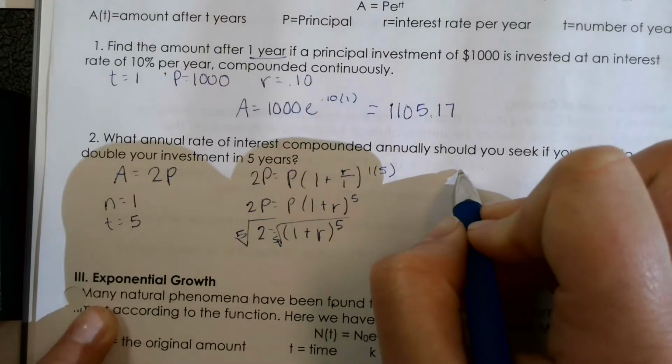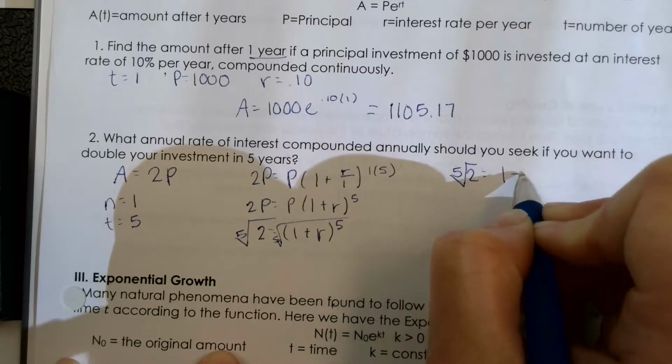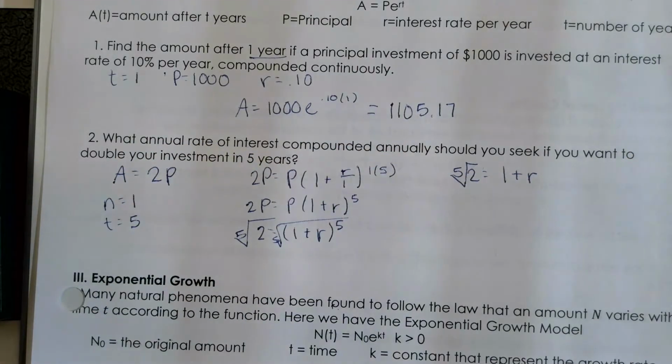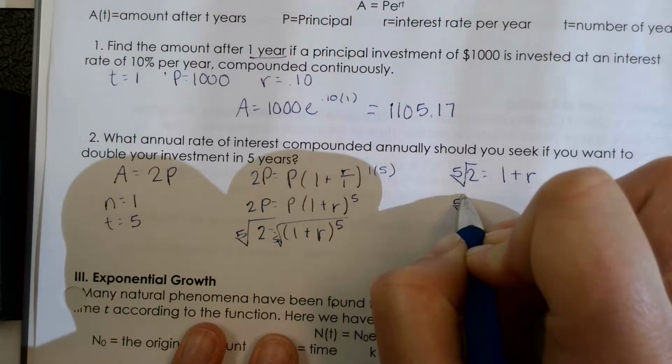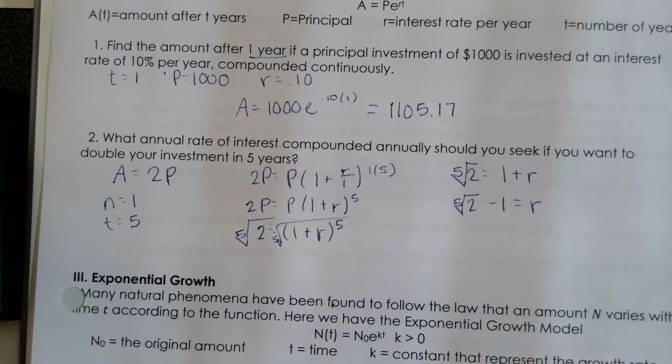So I'm going to come up here, kind of run out of room. We're going to have the 5th root of 2 equals 1 plus R. So the 5th root of 2 minus 1 would give you R. And you can type that in your calculator. And that'll give us that value for R. And I think we're going to go 4 decimal places. I can't remember how many it gives you exactly.